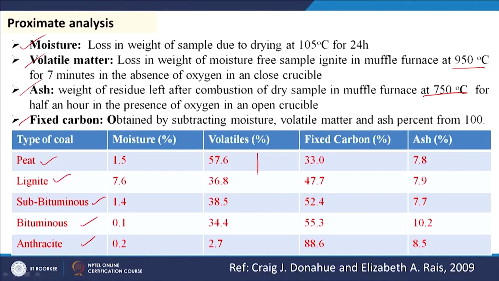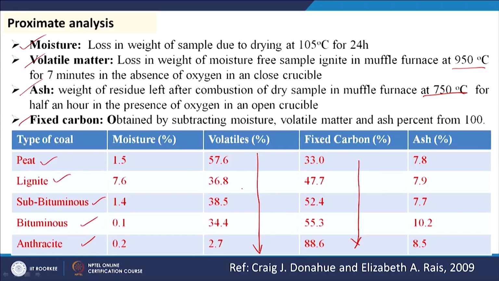From this table we see the volatile matter is decreasing gradually with the increase of rank, fixed carbon is increasing gradually, but for moisture and ash there is no such specific trend, because as you know volatiles and fixed carbon are inherent properties, present in the plant biomass, and it is converted to coal through the coalification process.